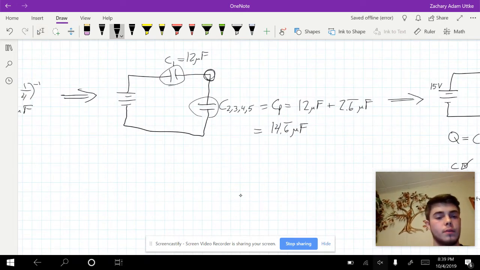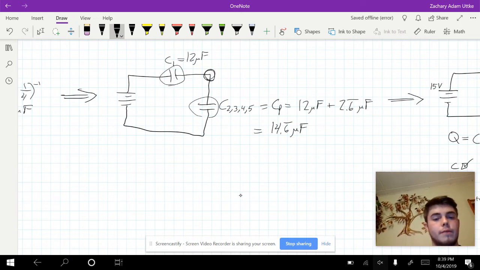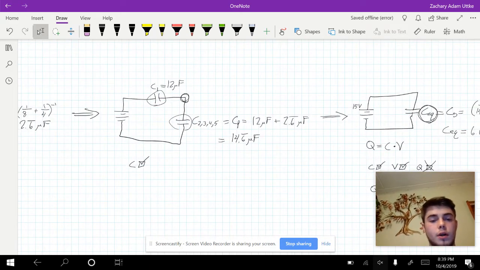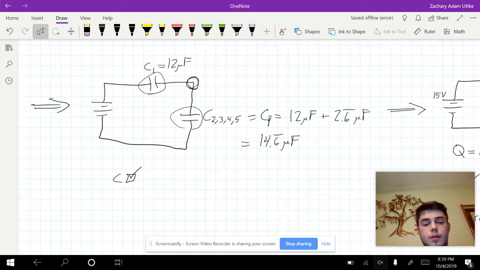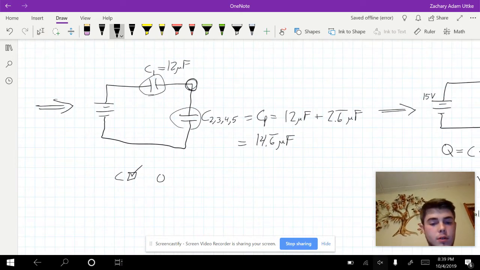So for this circuit, we know we have capacitance, and these two are important. These two capacitors right here are in series with each other. So earlier, what did we say about capacitors in series? Series capacitors have the same charge.